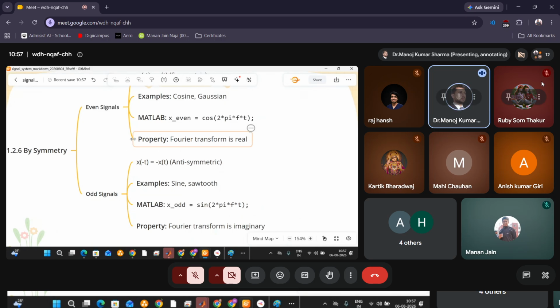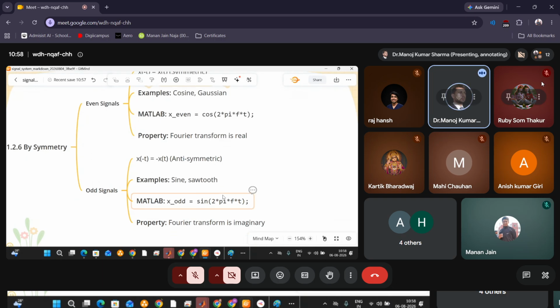And if we talk about the property, if we take the Fourier transform of an even signal, it will generate a real component of that signal. And if we take the Fourier transform of an odd signal, then it leads to the imaginary part to be computed, right?